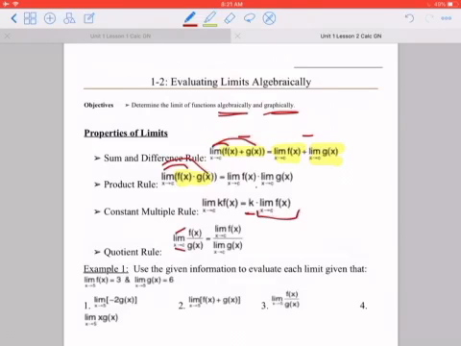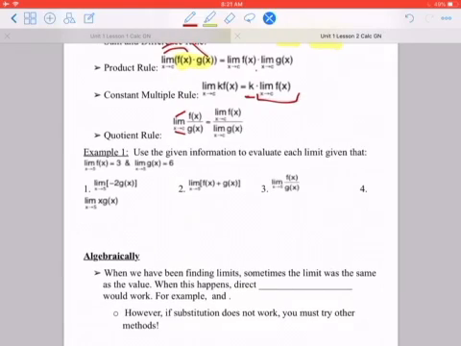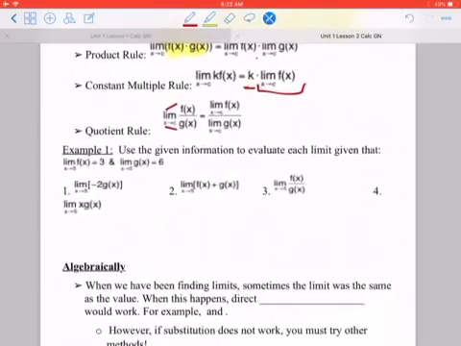Okay, so let's use those rules in an example that's very straightforward. So if you look at example 1, sorry, it's kind of blurry when I zoom in, but your paper shouldn't be blurry.